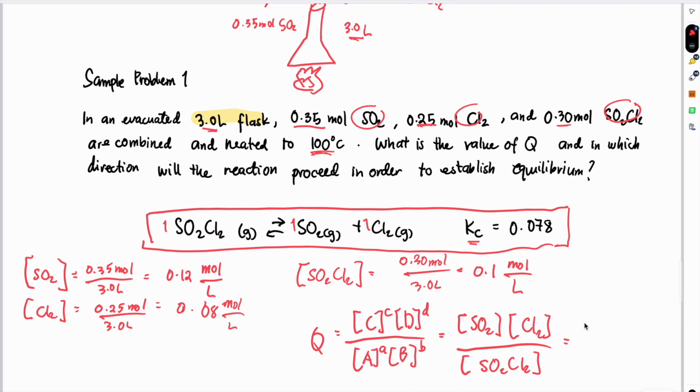So, therefore, this is 0.12 M, capital M, since this is molarity, times 0.08 M over 0.1 M. So the final answer is 0.096.